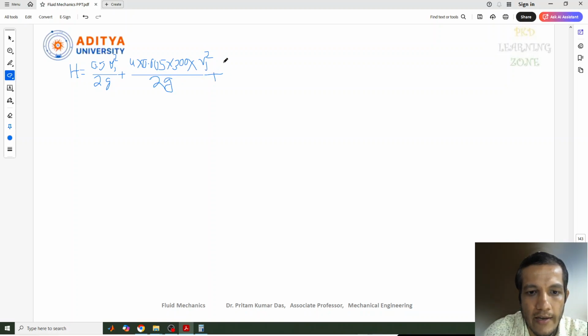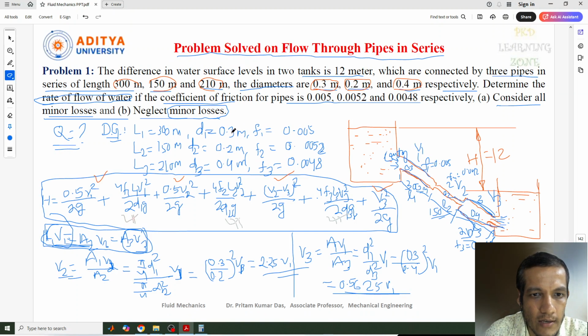Then next is again 0.5 V2 square, in whose place we can write the V2 value, divided by 2g. And d1 value is 0.3.